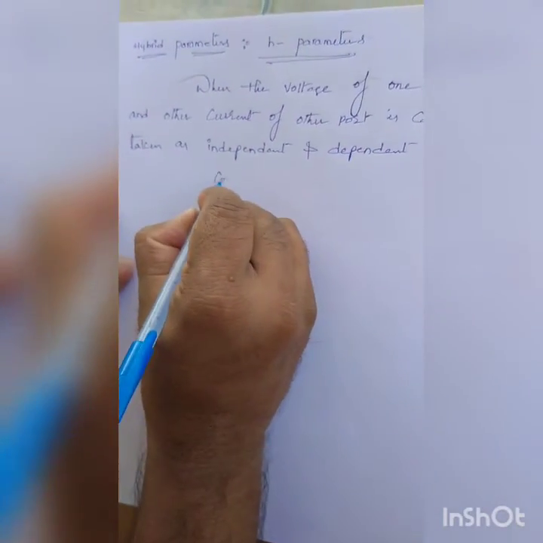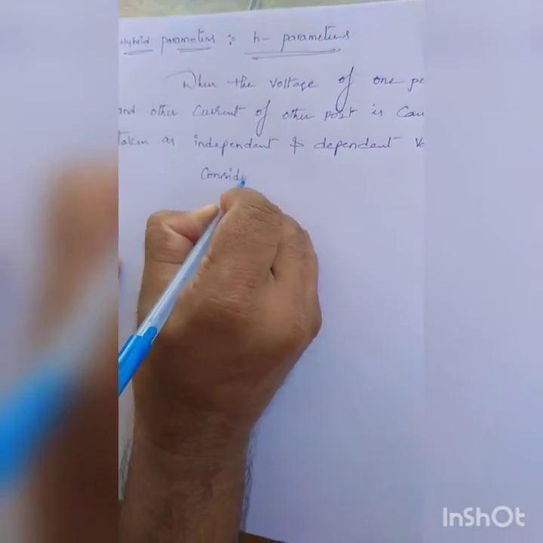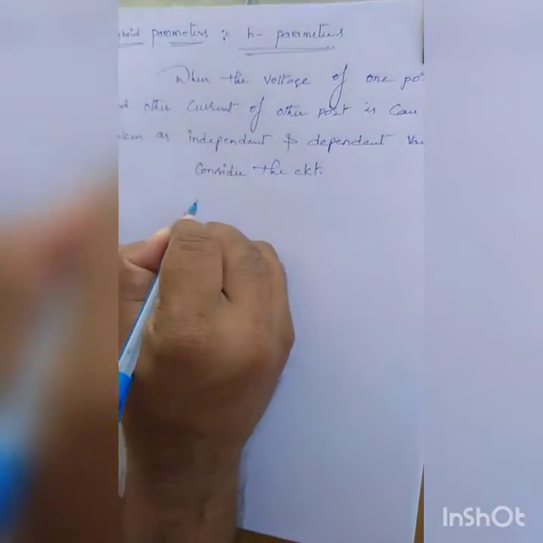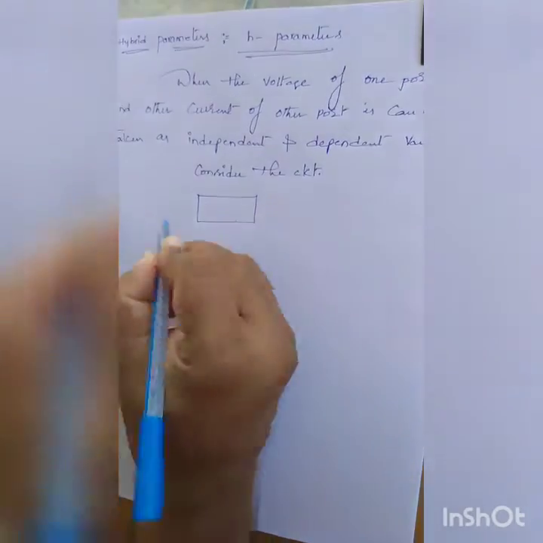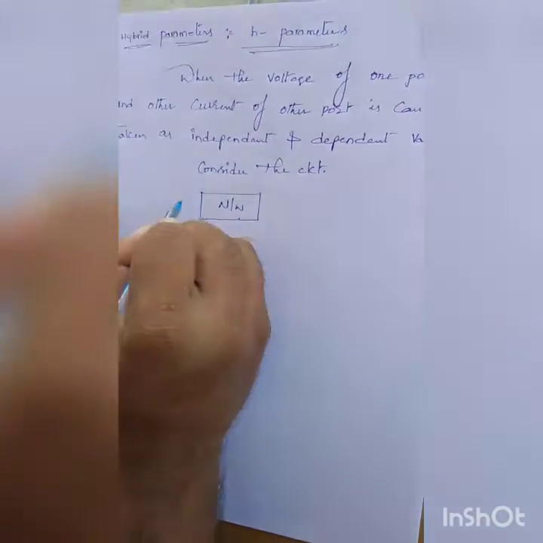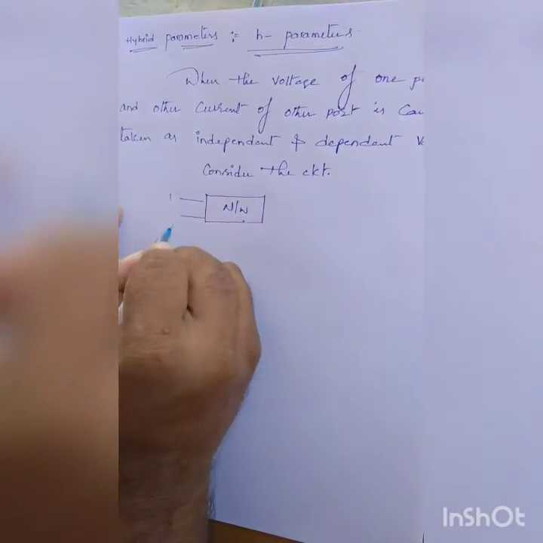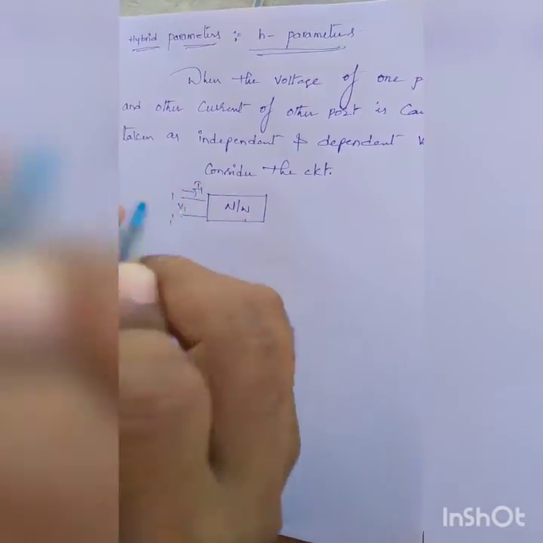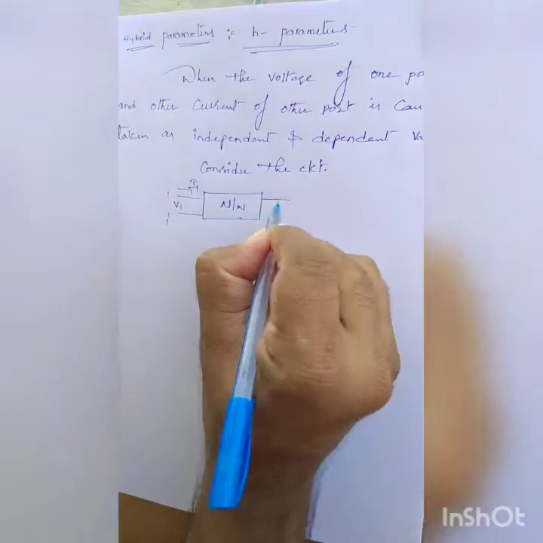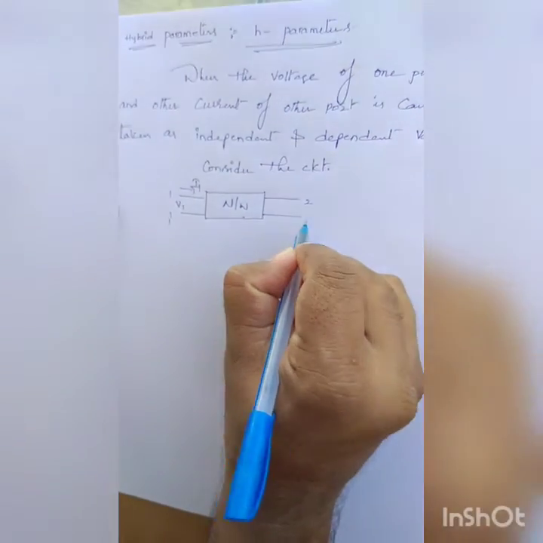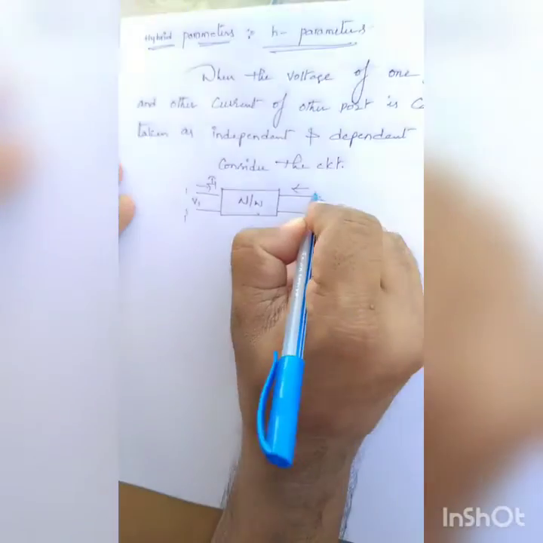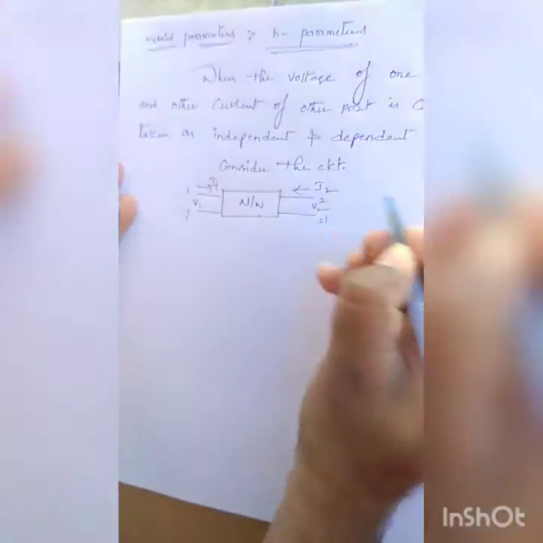Consider the circuit network. Port 1 dash has the voltage V1 and current I1, and port 2 dash has the voltage V2 and current I2.